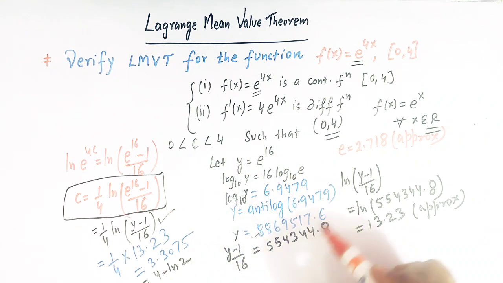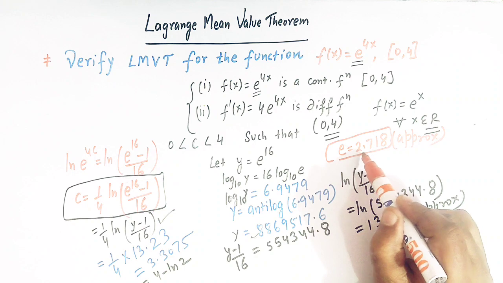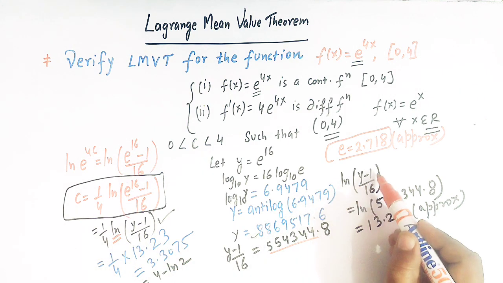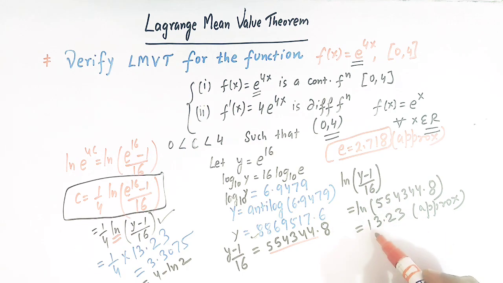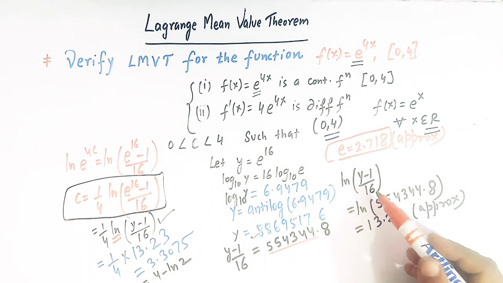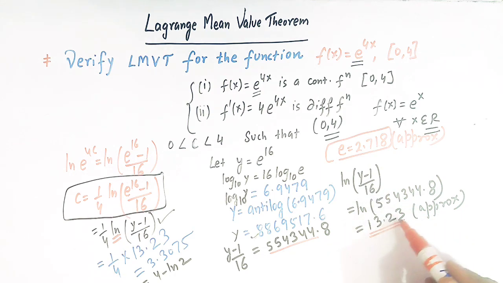In all these calculations, we have taken the approximate value of e as 2.718, right? Now we have (y minus 1) over 16 as this number, and now we have to calculate the natural log of this number. The natural log of this number is 13.23, right? We can convert this natural log to the base 10, and then applying the known values, we get 13.23.